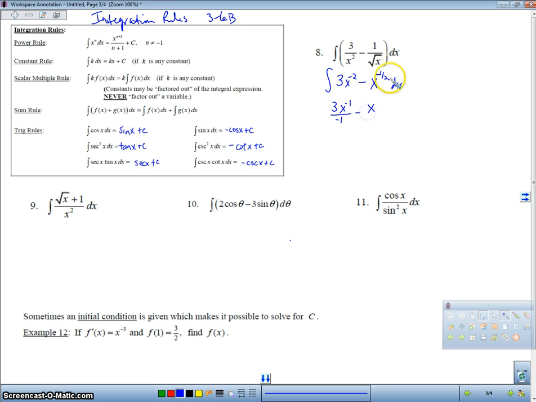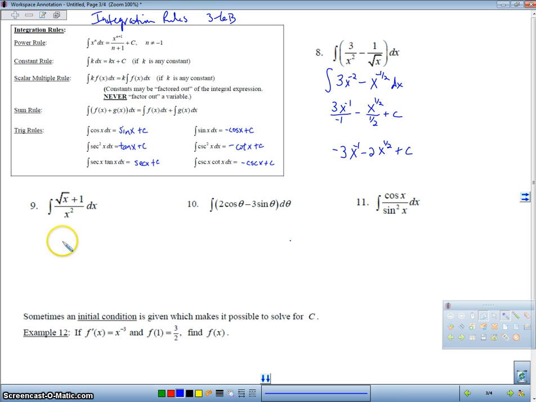Then x to the 1/2: add 1 to that power, divide by that number. Plus c, don't forget the c. This gives -1 minus 2 x to the 1/2 plus c. You can leave your answer like that, or you can bring it down as -3 over x.